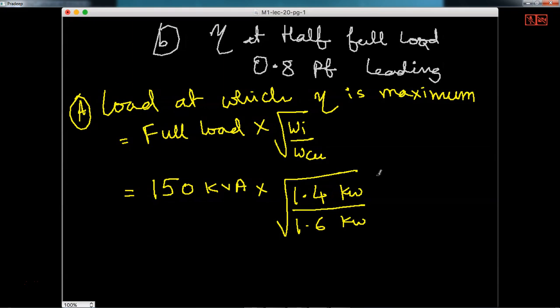So here kilowatts I can cancel out. Then I have, let me use calculator to find this, 150 multiplied by square root of 1.4 divided by 1.6.